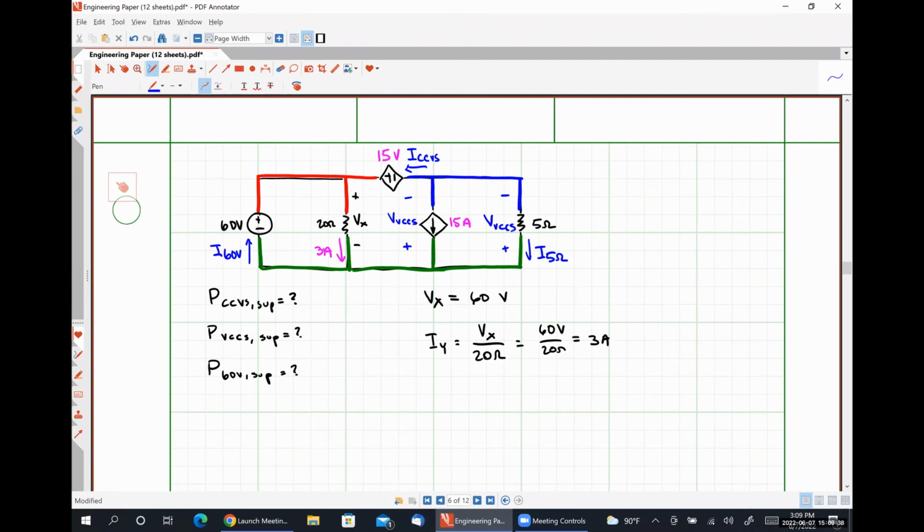So once we can figure out what the voltage drop is across the current source, we're only one step away from figuring out what that I 5 ohms is. So that's a very, very good observation that you made, but it still relies on something else that we have yet to figure out. Anyone else have a thought?